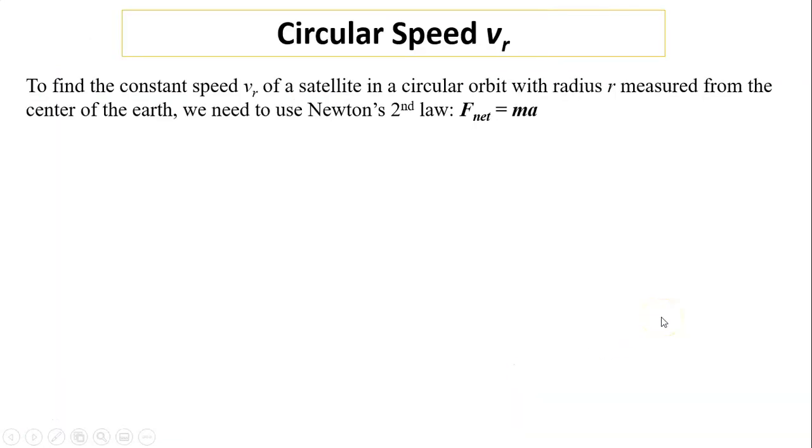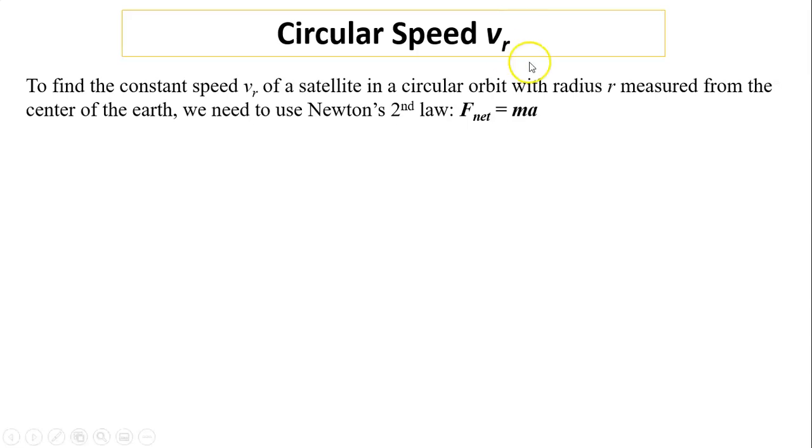Circular speed, we call it Vc. That's the speed at radius r from the center of the Earth. To find the constant speed of a satellite in a circular orbit with radius r measured from the center of the Earth, we need to use Newton's second law, F net equals ma.